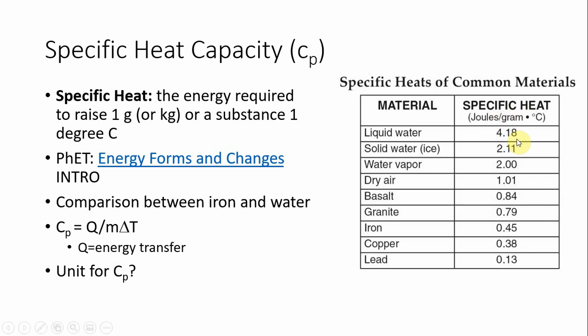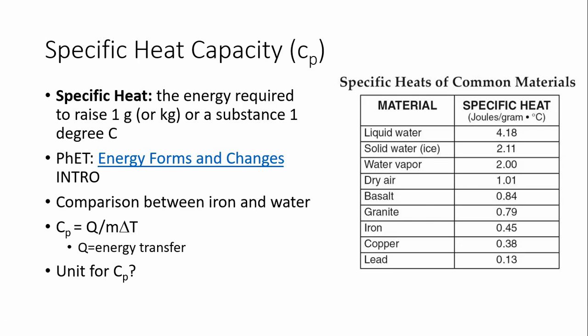So that means it's going to take 10 times as much energy in joules to raise water to the same temperature, or undergo the same temperature change, as the same amount of iron. Okay, so the specific heat of water is going to require 10 times more energy to make the same temperature change than it would be with the same amount of iron.